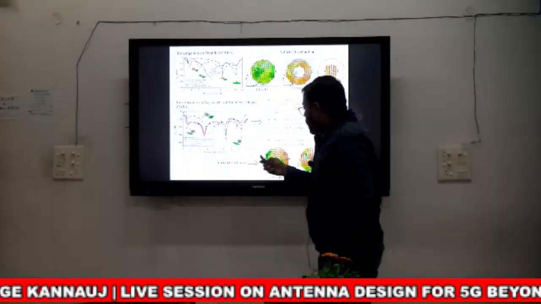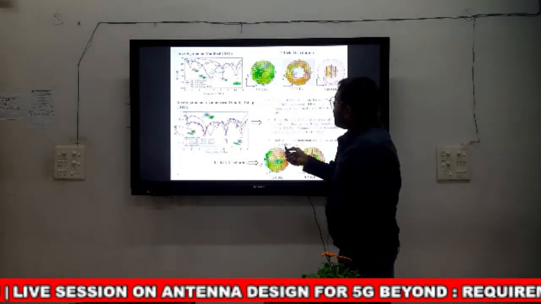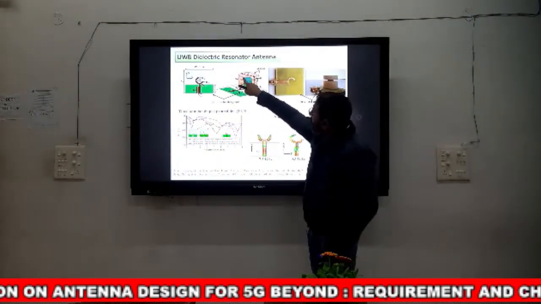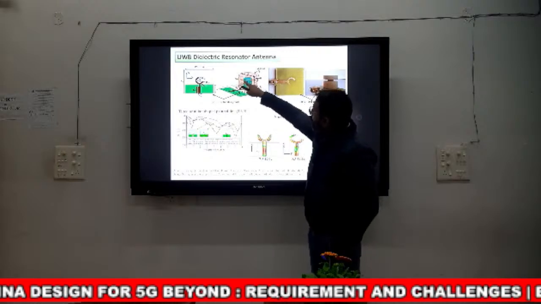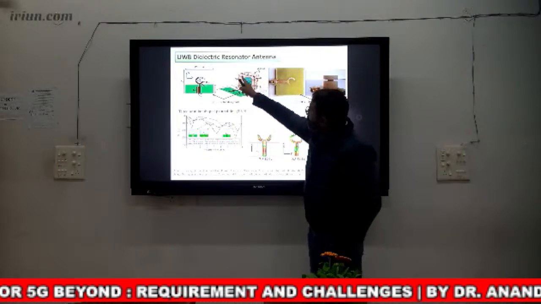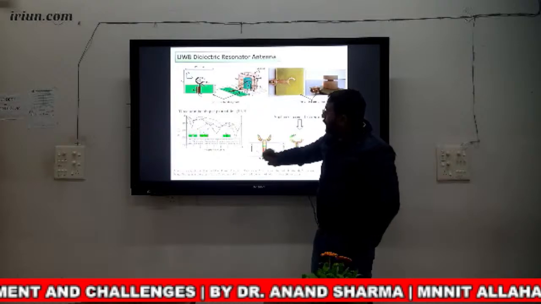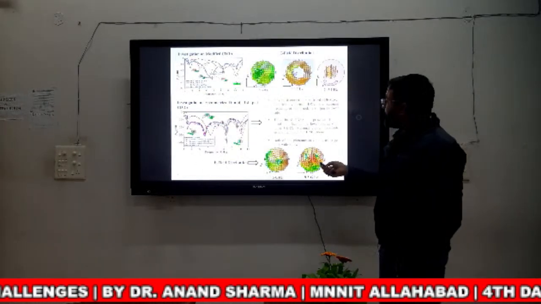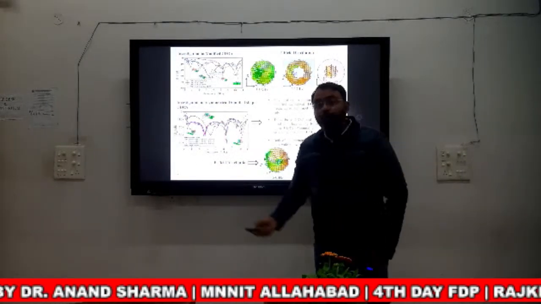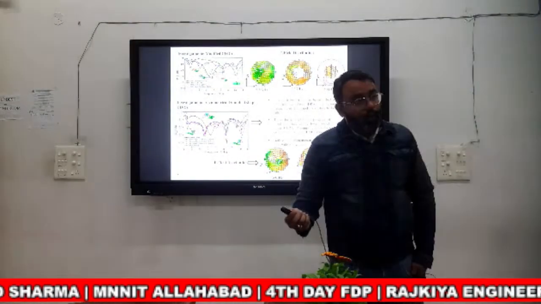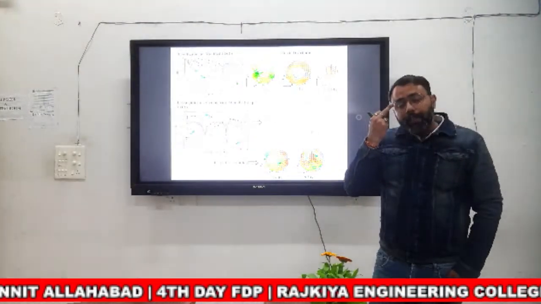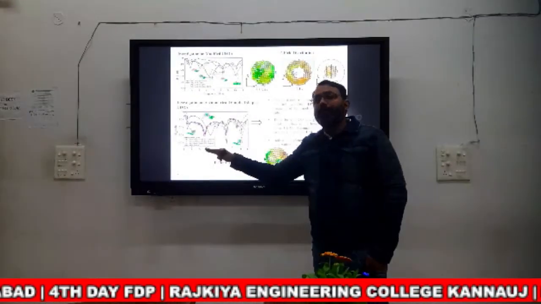Okay, and if you see the structure, I again use alumina over this. So when you do all these things, I got a bandwidth from 3.1 to 10.7 gigahertz. Okay, 3.1 to 10.7 gigahertz, which fulfills the requirement of FCC.